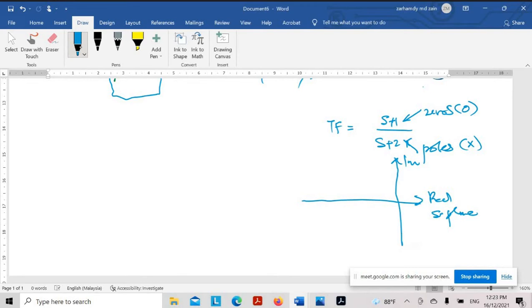For the zero at -1, it is around here, symbol O. This one is -2, around here, symbol X, which means our point is located in the left half plane. Means our system is in the stable region.